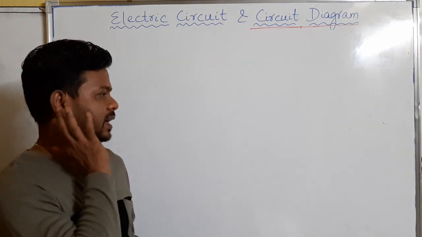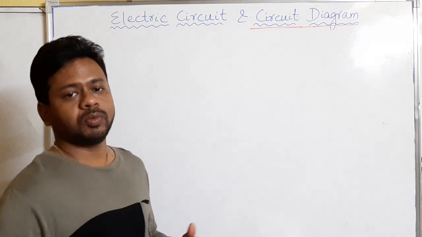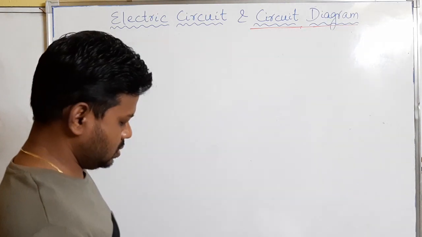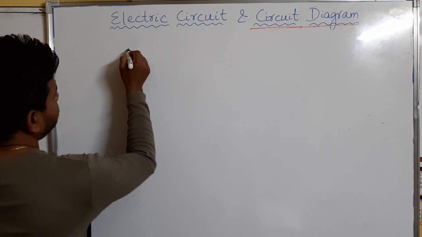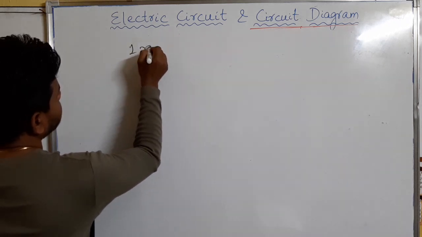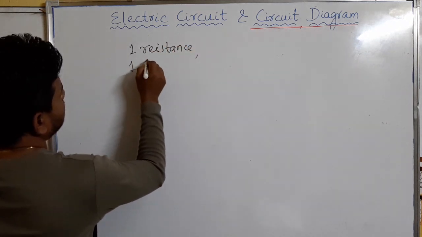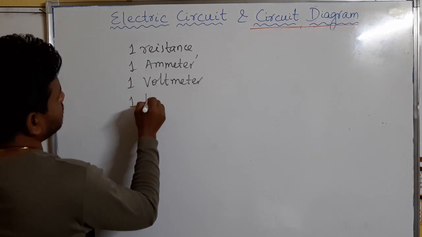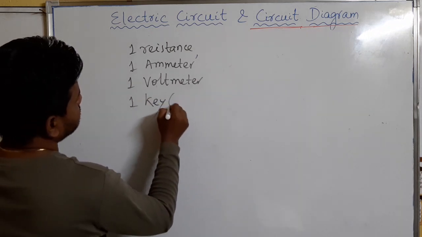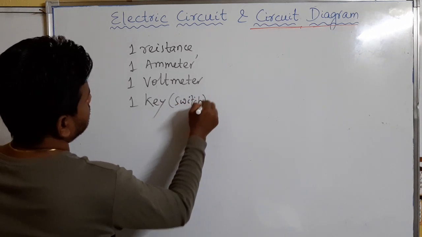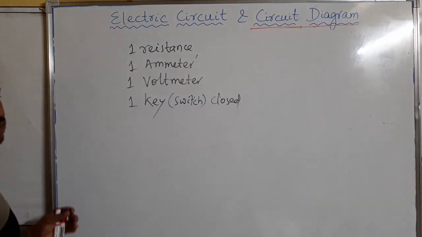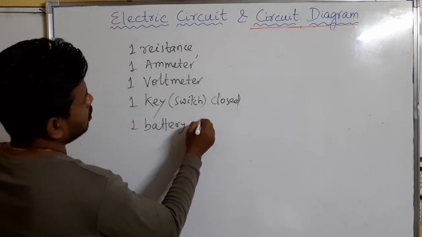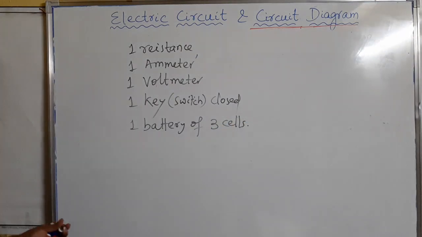Sometimes the question is asked: make a circuit diagram with one resistance, one ammeter, one voltmeter, one key, which means switch, closed, which means switch is on, and one battery of 3 cells.